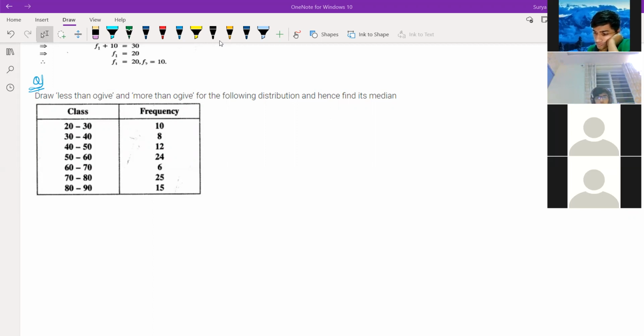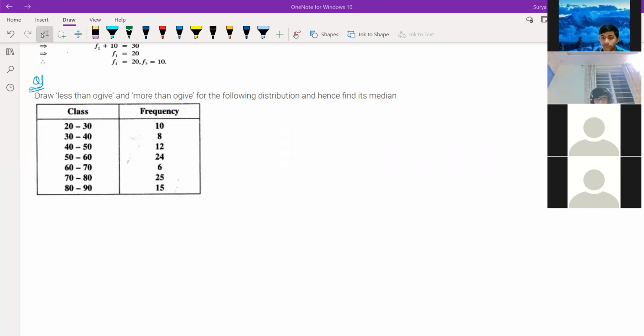Sir, is it 93.33? 93.33. Okay. The answer should be 58.3. Praharshan, you do by the normal method, like the normal formula, you just try. Sir, what is the CF in this?